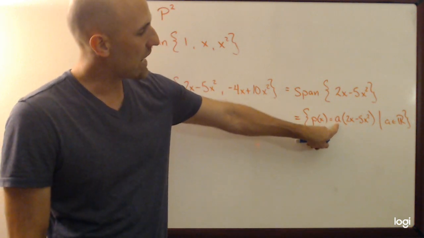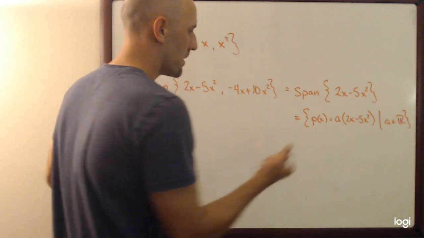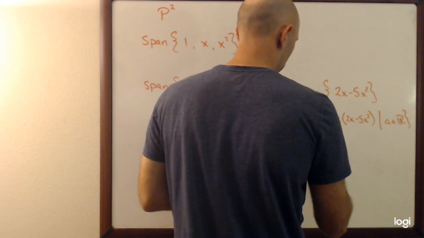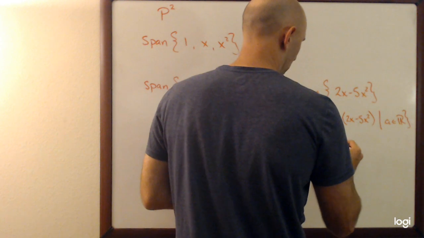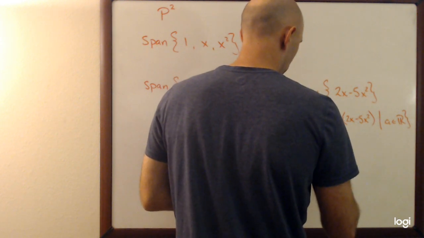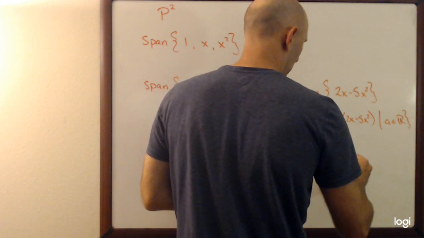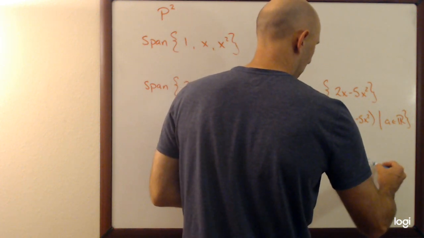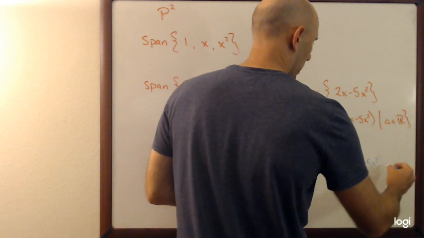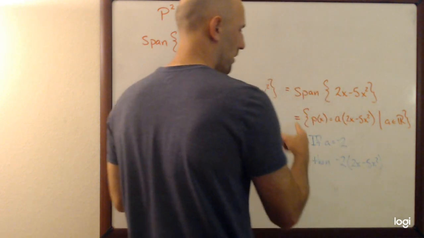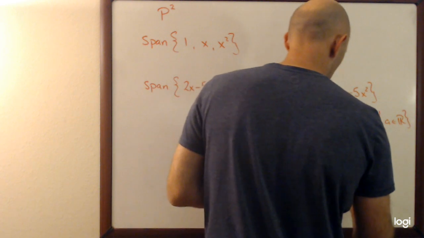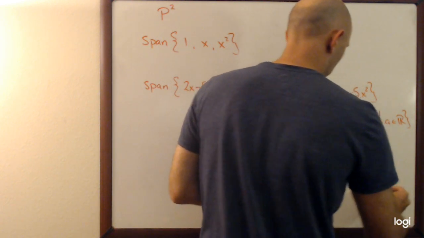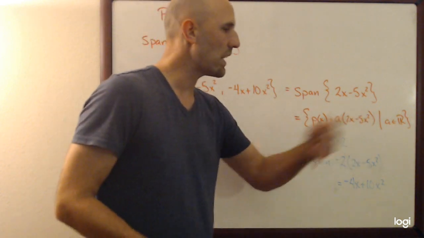And if a is negative 2, then we see that negative 2 times 2x minus 5x squared is in the span, right? That is negative 4x plus 10x squared. This was already in the span.